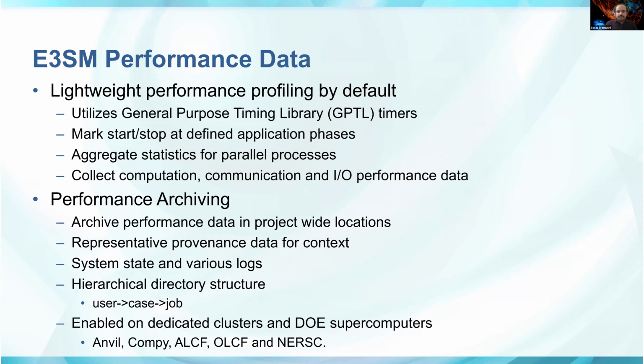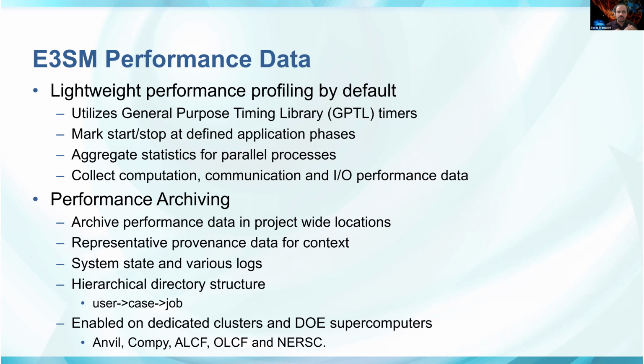So what's the kind of performance data that we collect within the model by default? We have a lightweight performance profiling layer that is turned on by default, so every model run collects this data automatically. We use the general purpose timing library GPTL timers. This is a capability developed by Jim Rosinski and integrated into E3SM.